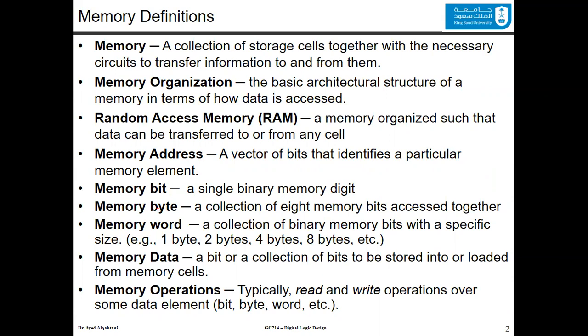The memory byte is a collection of 8 memory bits accessed together. The memory word is a collection of binary memory bits with a specific size. Usually it's 1 byte, meaning 8 bits, or 2 bytes, 4 bytes, 8 bytes, etc.